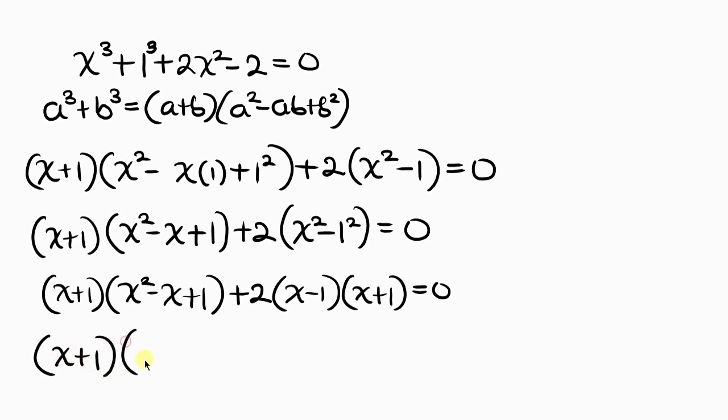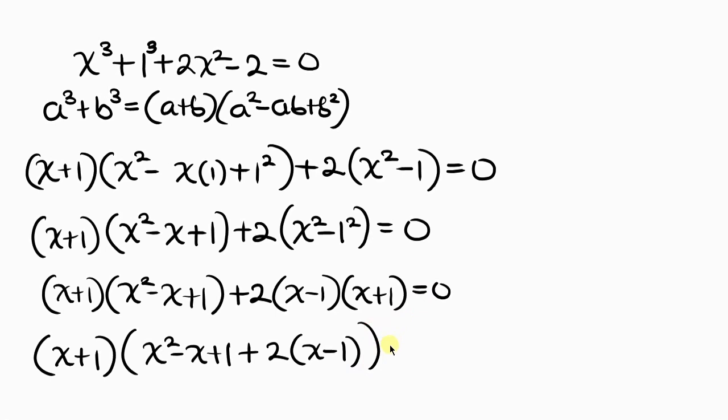Open brackets. Now x plus 1 times x squared minus x plus 1, divided by x plus 1, we have x squared minus x plus 1, plus, now 2 times x minus 1 times x plus 1 divided by x plus 1, we have 2 times x minus 1.